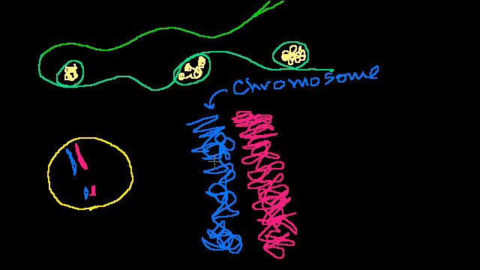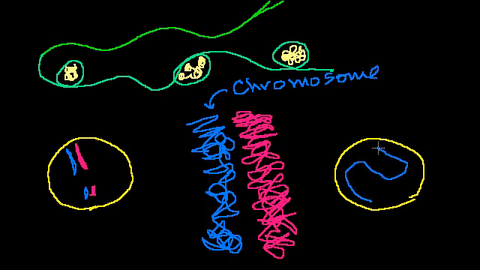Because if it was bundled up like this, it would be very hard for the replication and transcription machinery to get onto the DNA and make the proteins and do whatever else. Normally, DNA, let me draw that same nucleus. Normally, you can't even see it with a normal light microscope. It's so thin that the DNA strand is just completely spread out around the cell.